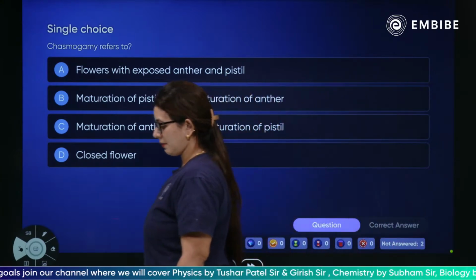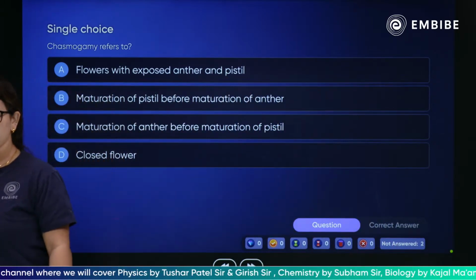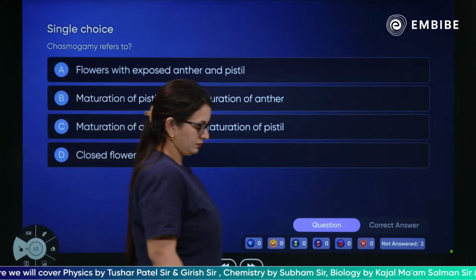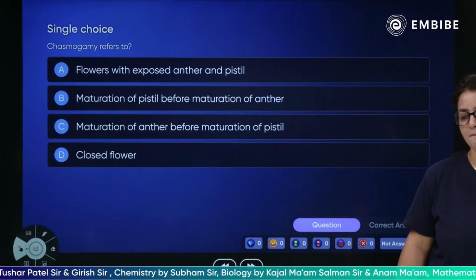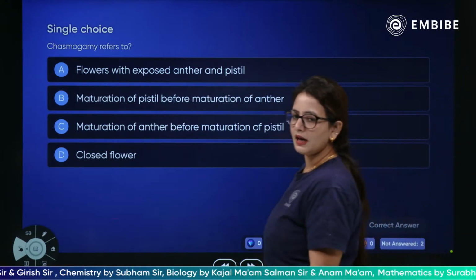What is chasmogamy? Yes, children, quickly answer.